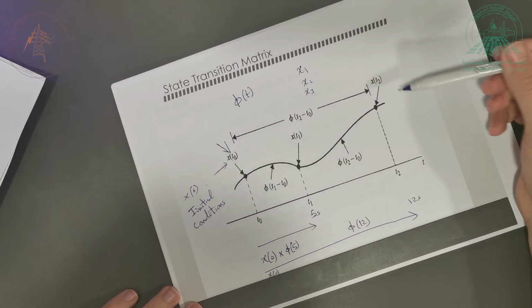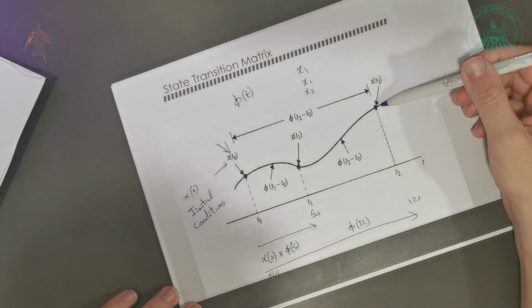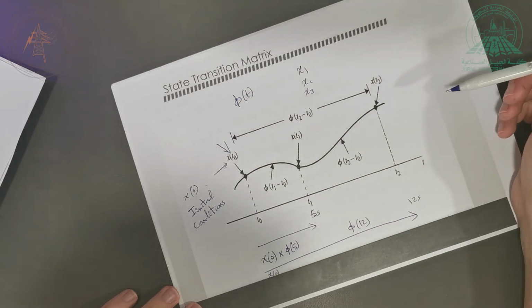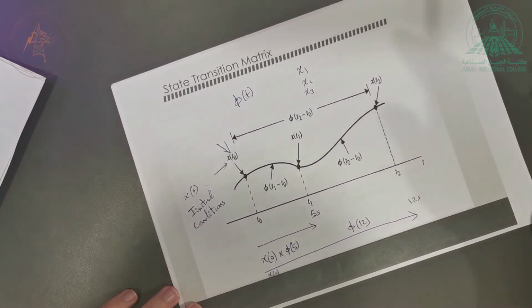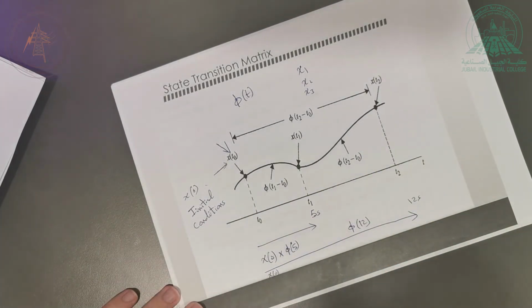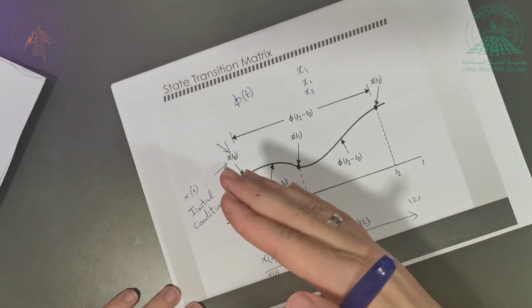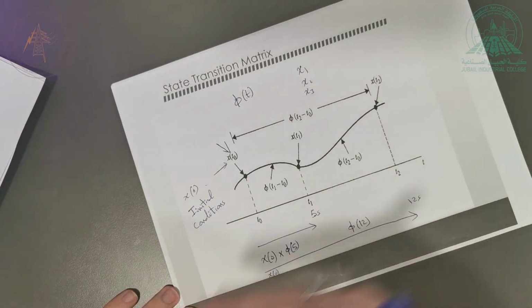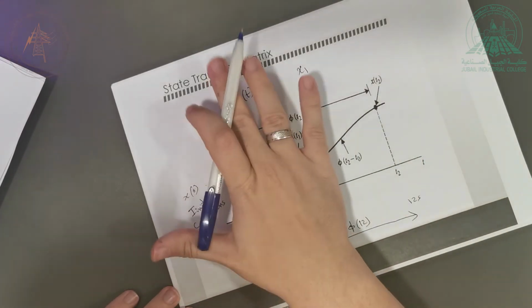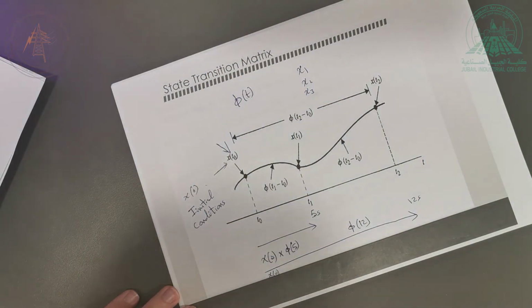So I can know what the voltages of the capacitors are after 12 seconds, or after 20 seconds. At any time I need to know the voltage of the capacitors, I can just apply this. And if I know the voltage of the capacitors and the current of the inductors, of course, I can know everything else about the circuit. Okay, that's why this is extremely important and useful to us, right?